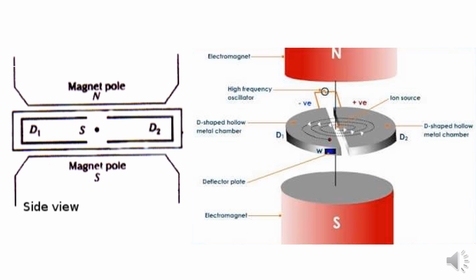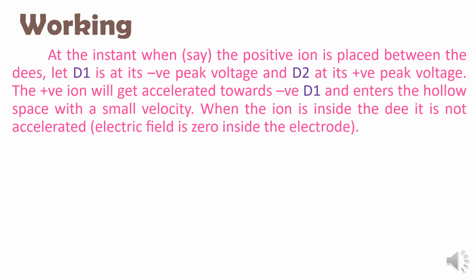Now let us discuss the working of a cyclotron. Let us assume that we have taken the positive ion to accelerate.